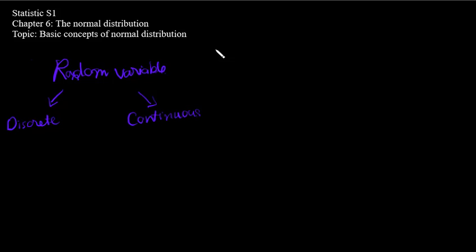So the binomial represents specific values like 1, 2, 3. It takes on specific values that we can count.